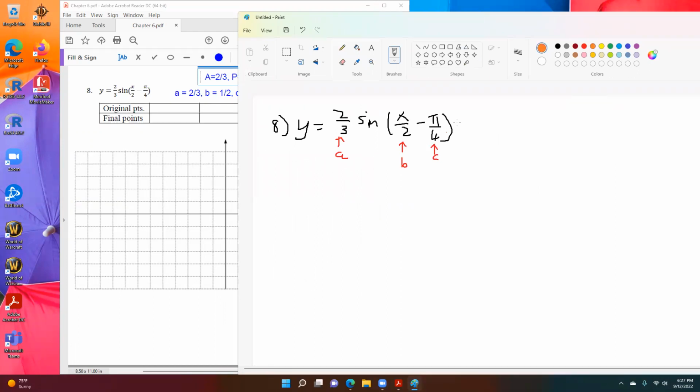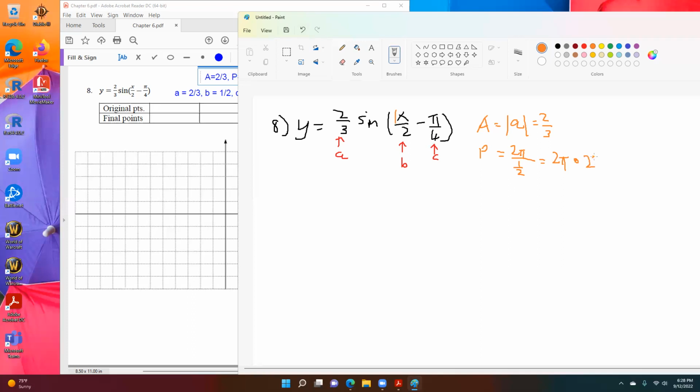In order for us to figure out your amplitude, that is the absolute value of A. So in this case it will be 2/3. To figure out your period, it is 2 pi over B, and our B in this case is 1/2. So this is the same thing as 2 pi divided by 1/2. And again, we can always switch the division to become multiplication by flipping your second fraction.